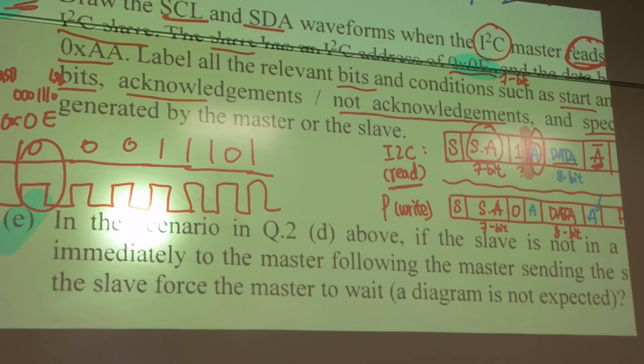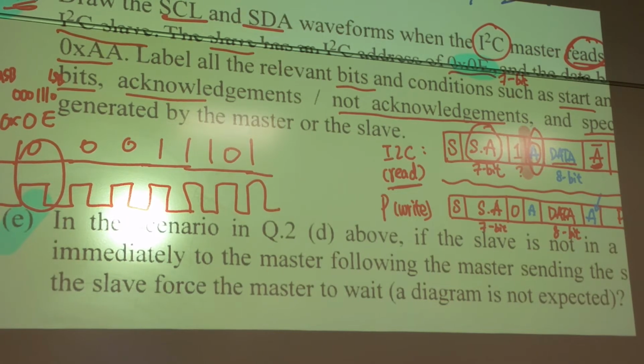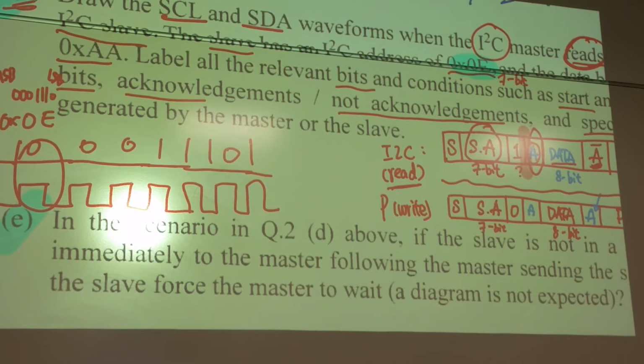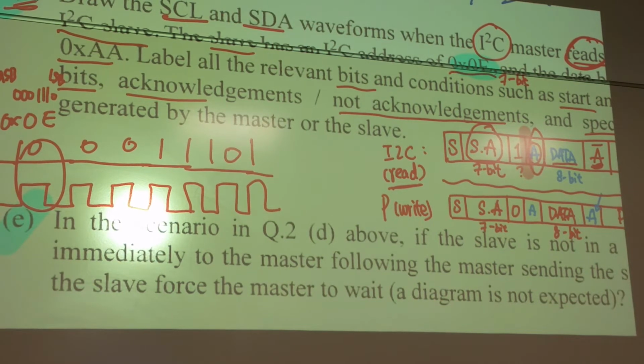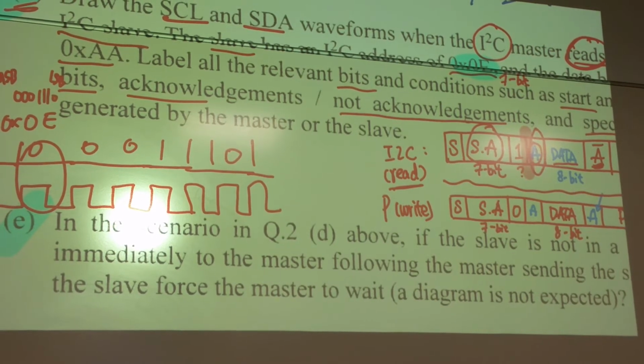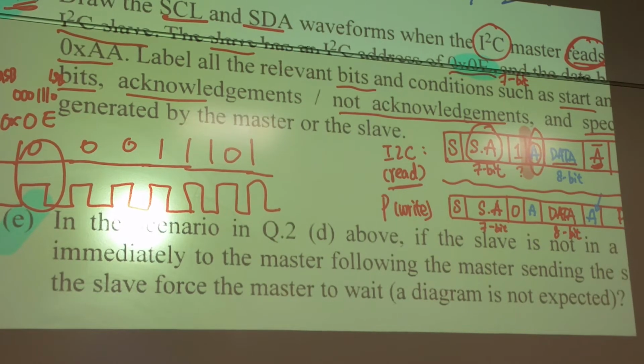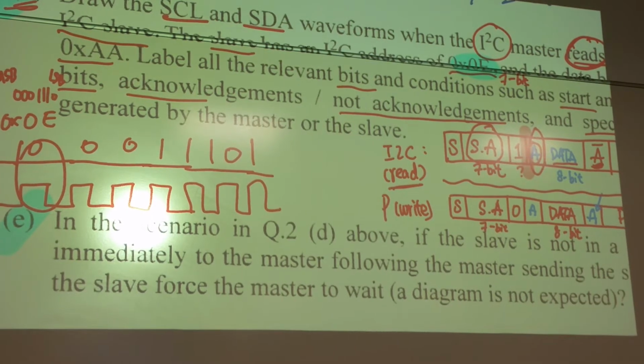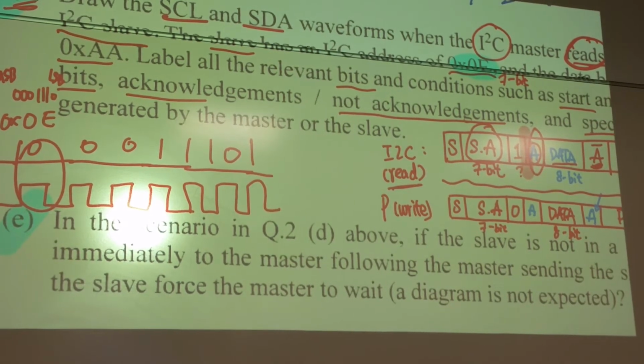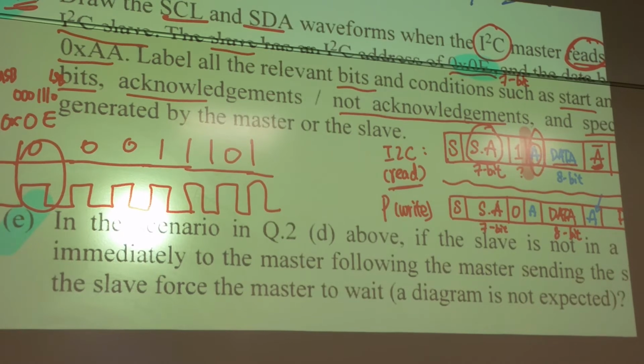If you can't remember, just imagine the device is not there. If the device is not there, it's equivalent to a not acknowledge because no one is responding. Let's say you call a person who is not inside this room, I will get a negative acknowledge, which means no one is responding. So when no one is responding, in your system, what will you have?